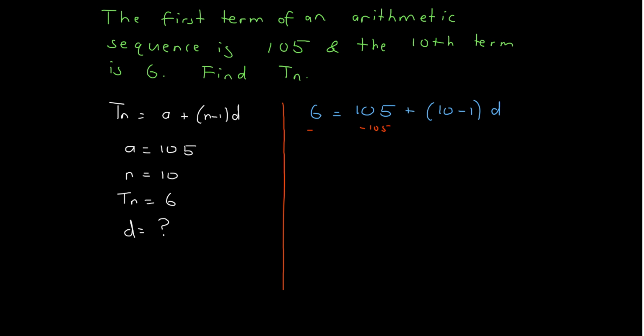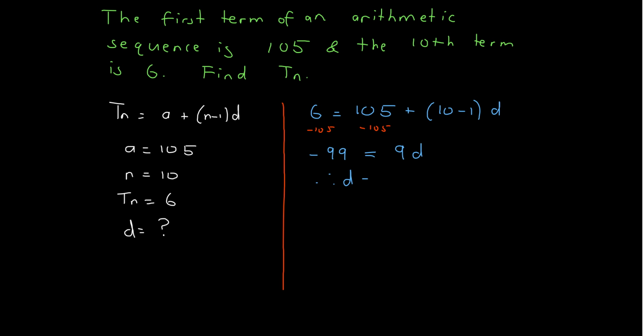Should be pretty easy to solve the algebra here. What am I saying? Of course, it's easy for you guys to solve this algebra. Subtract 105, subtract 105. 6 minus 105 is negative 99, I think. Yep, because 99 and 6 is 105, obviously. So negative 99 equals 9d.